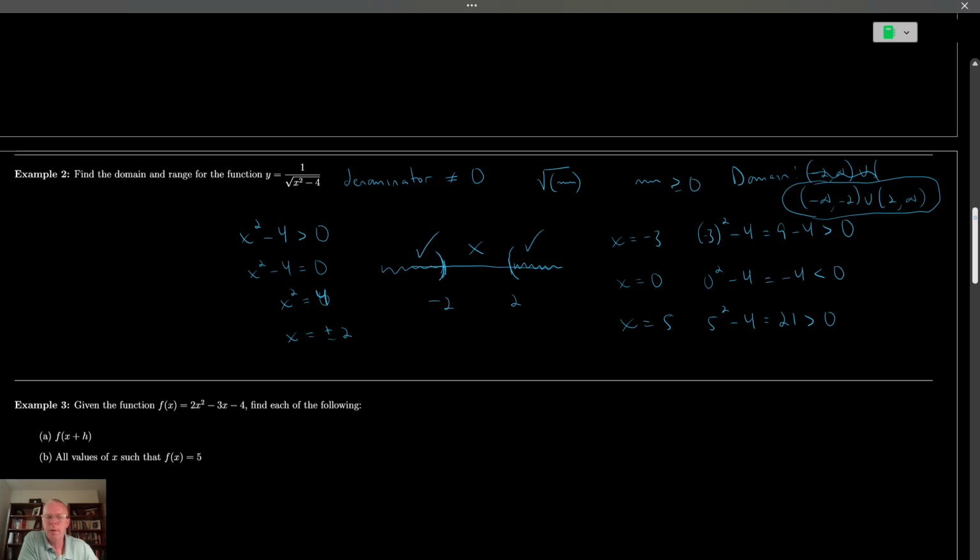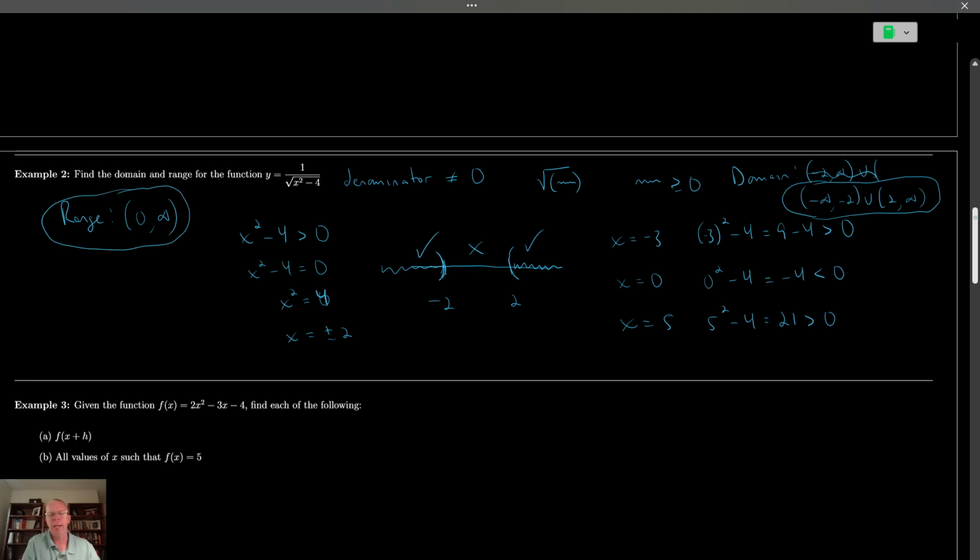So this denominator is always going to be positive, because the square root of anything is positive. So the range here is not going to be negative, because there's no way to get 1 over a positive number and have it be negative. There's no way to get 1 over any number and get 0. So y can never be 0.